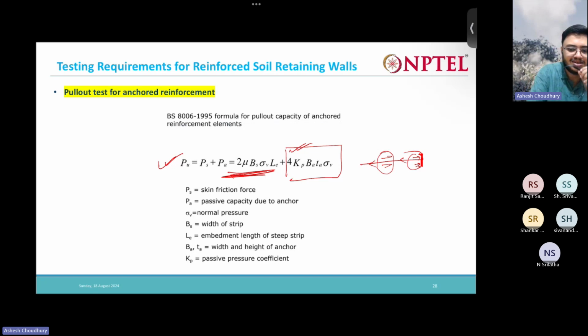Maybe. I'm not sure. 80. Yeah, 80. But one more higher than that is there. Yeah, that is more than 100 meters high. I don't know the exact location.